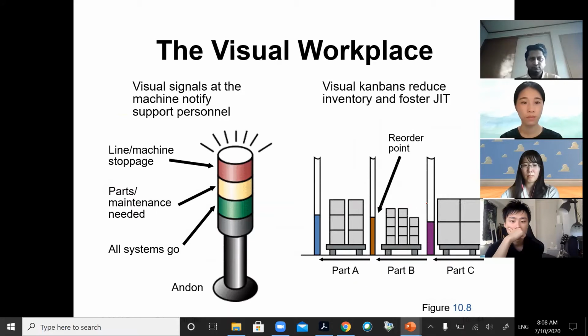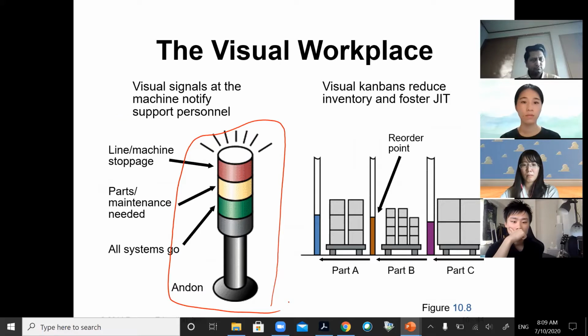Okay, so have you ever seen this kind of lights? I think it's in many manufacturing companies, or even in places like train stations. These are visual signals to notify or to support personnel about what is happening in the situation, at the gemba, at the actual place.